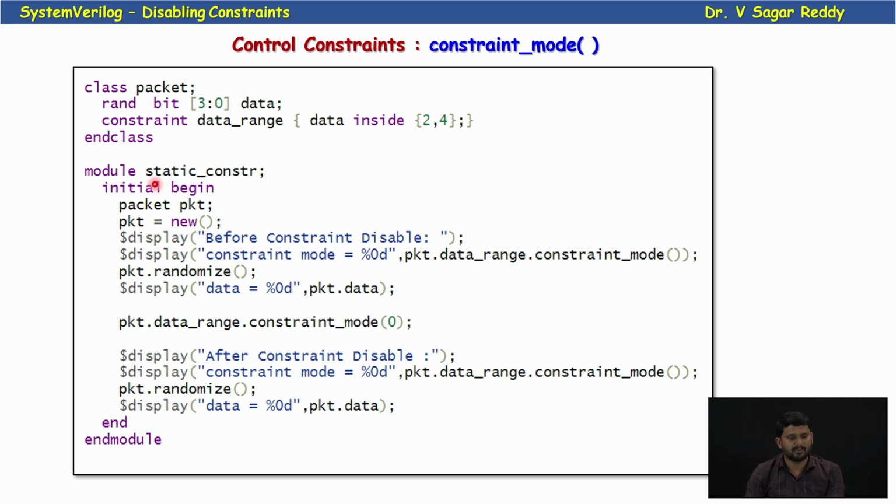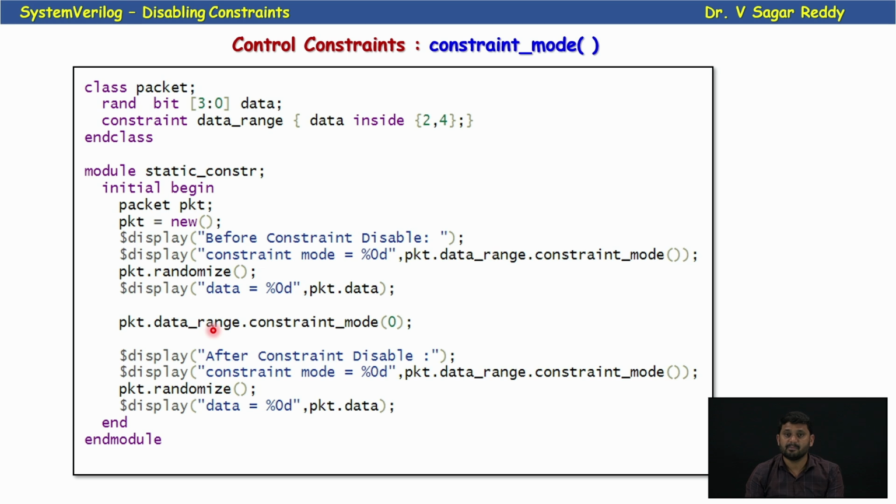Now I'll create a module, a static construct, initial begin, declaring a handle and creating an object. Before disabling the constraint, I'm displaying the constraint mode: pkt dot data range dot constraint mode. By default all constraints are initially active, so if I invoke constraint name dot constraint mode, it returns 1. Then I randomize, pkt dot randomize, and display the values.